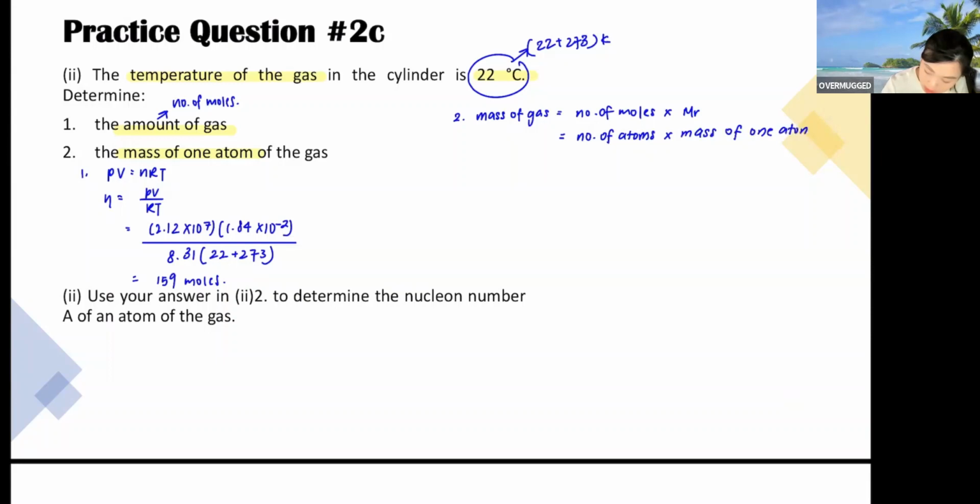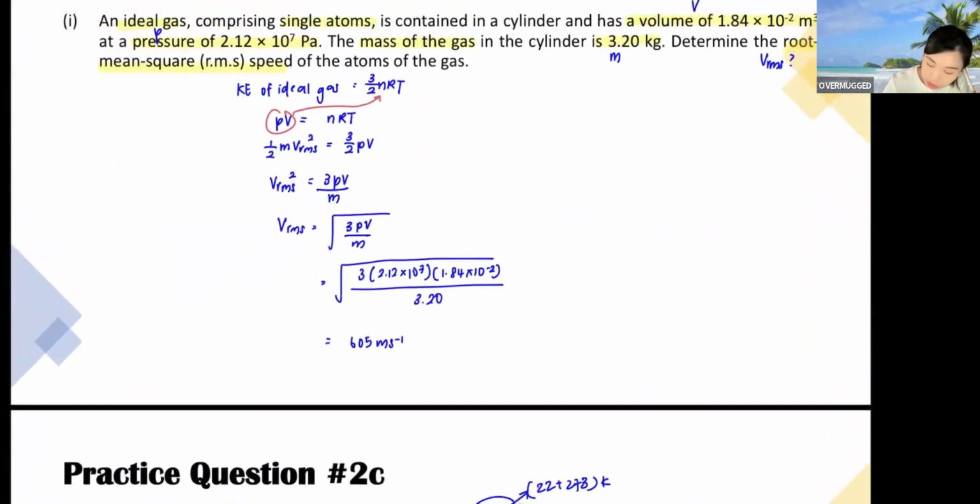So I want to find the mass of one atom. Therefore, the mass of one atom is the mass of the gas divided by the number of atoms. How do I get that? The mass of the gas was given earlier to be 3.2 kg.